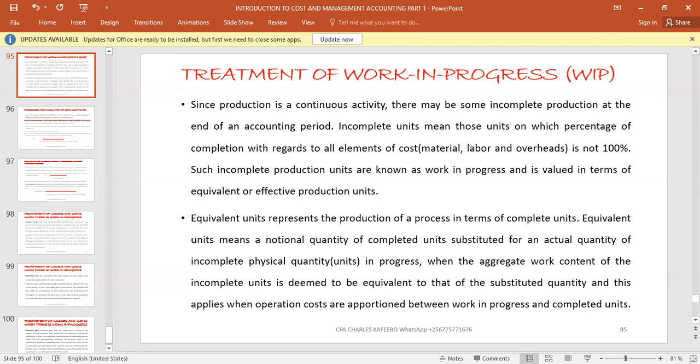When we get the units after converting the incomplete units in terms of the completed units, then we get the equivalent units or equivalent production. And we are saying equivalent units means a notional quantity of completed units substituted for an actual quantity of incomplete physical units in progress.